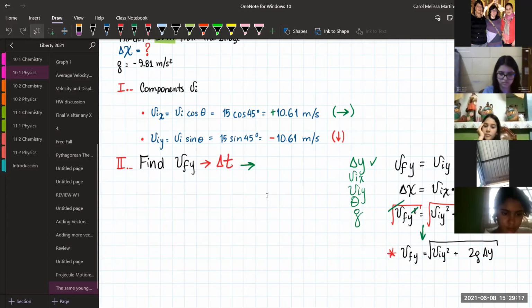That's the final purpose. The first step will be to get the final velocity in y. The second step will be to get the time. And the third step will be to use the two in order to get the delta x.